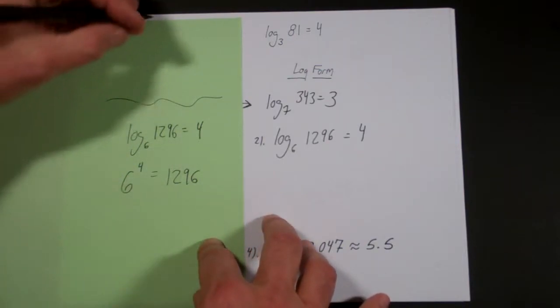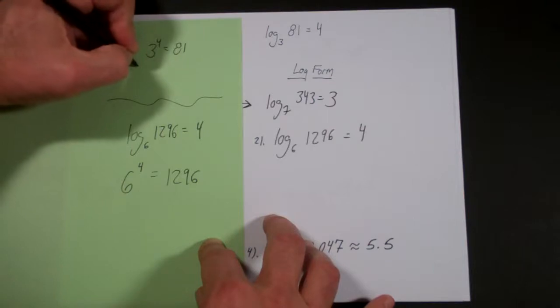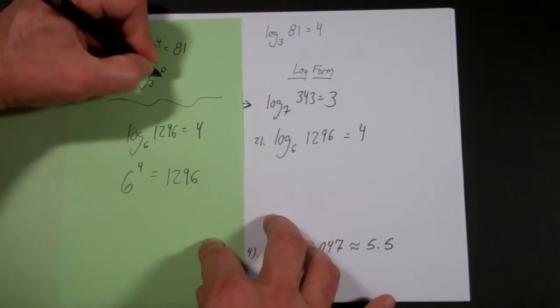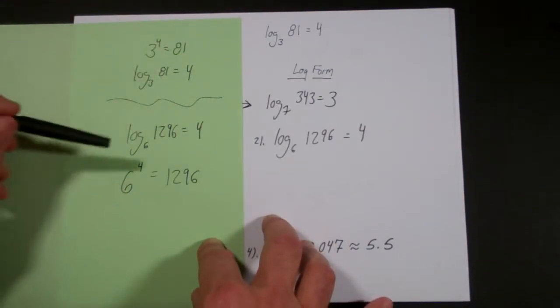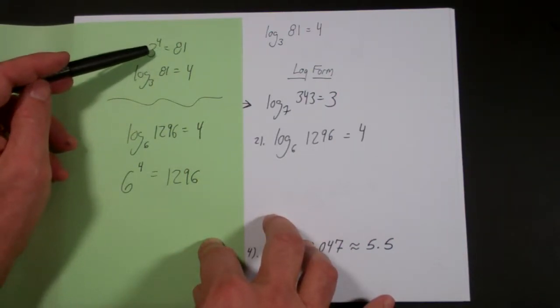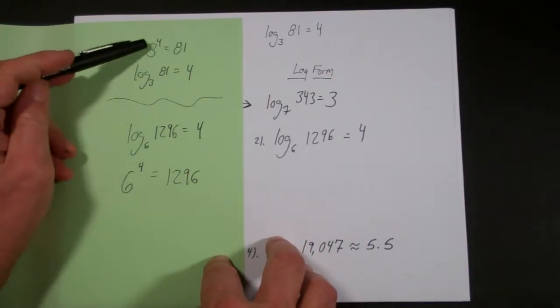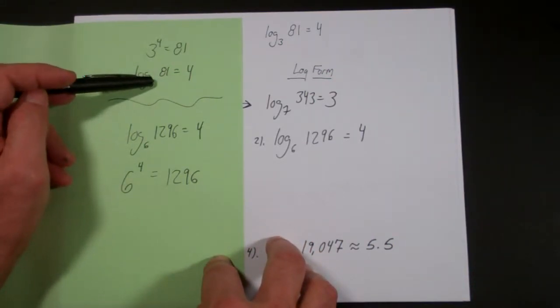But if you can't do it without the example, just write the example down, right? 3 to the 4th is 81. Log base 3 of 81 is 4. If you notice, each one of them is corresponding. The base, 3 or 6, becomes the base of the exponent.